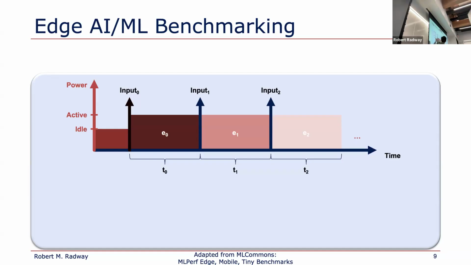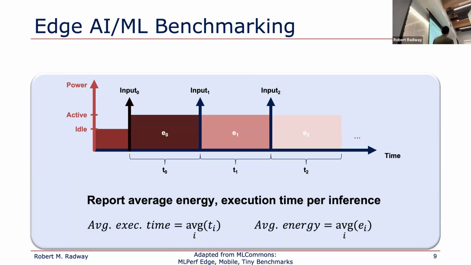Because you're ideally using the full power that you have on your chip constantly at the highest throughput possible, and that would minimize your energy per inference. So if we look at those as two metrics, we have the average time for each execution that determines our throughput, and we have the average energy for each execution.